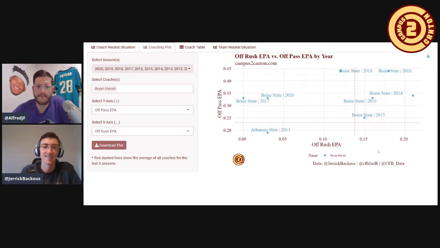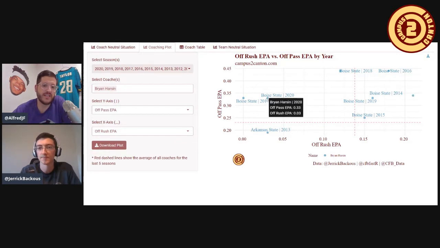His most recent season, not very great at rushing, but a decent passing offense it looks like. And their best running back, George Holani, was injured for 2020.